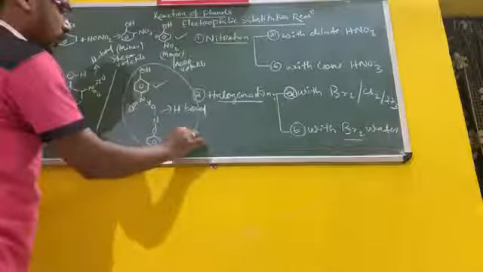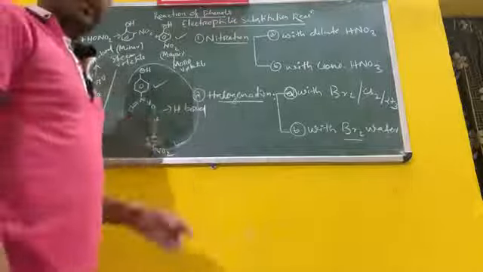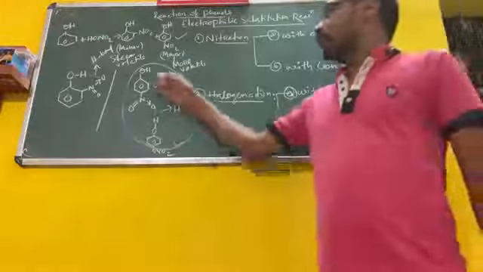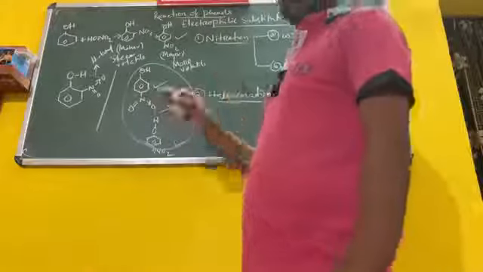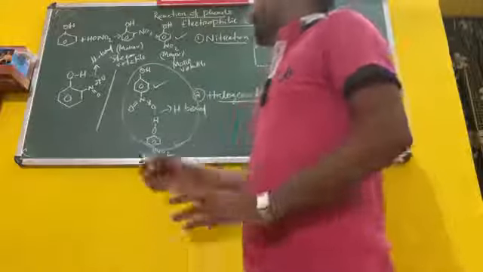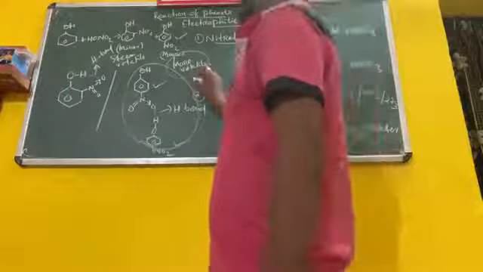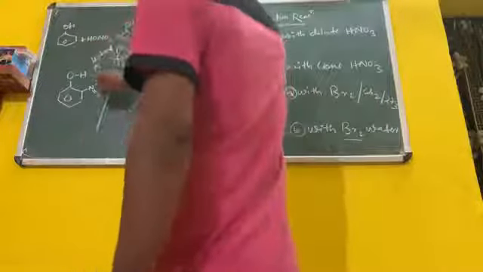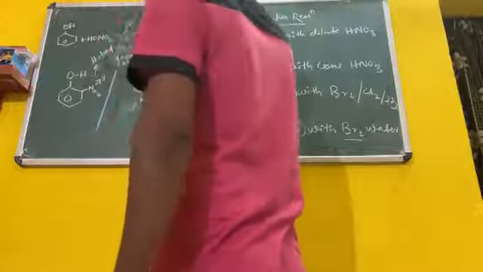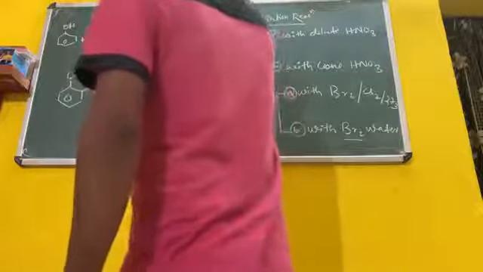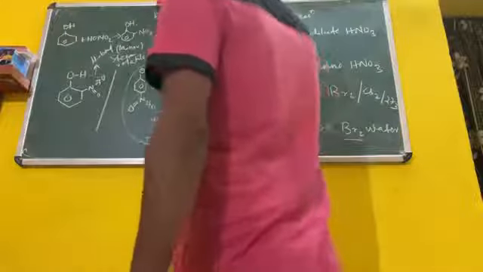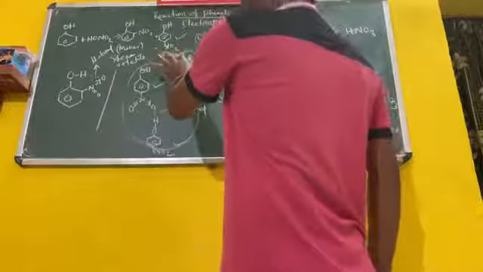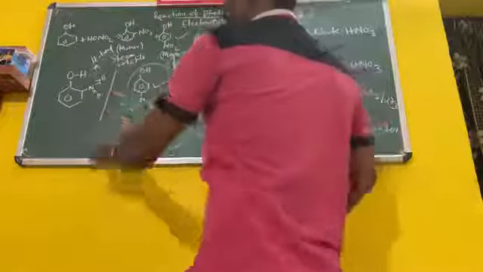Due to the presence of intermolecular hydrogen bonding, the attractive force is more, so you have to give more heat energy. So this one is less volatile, because the hydrogen bond attraction between the molecules increases.